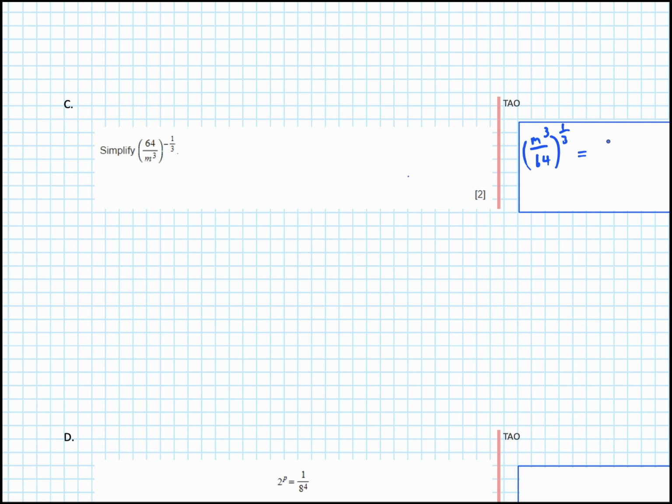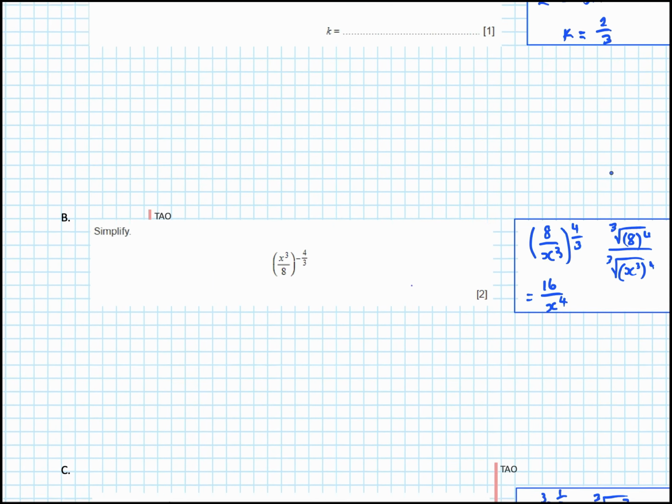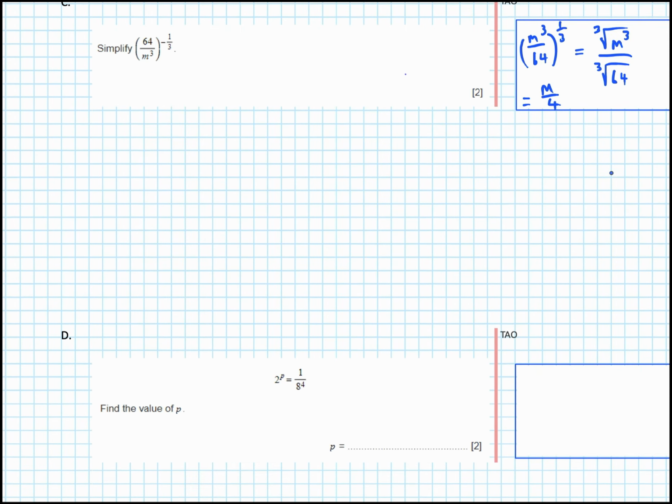So we end up with a cube root for m to the power of 3, and a cube root for 64. And our answer down here is m over 4. That's your final answer. So they're very common, those 3 types.